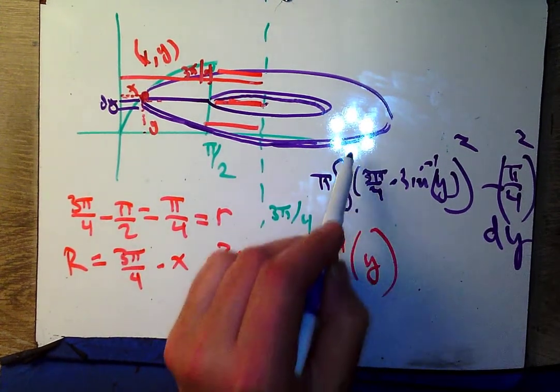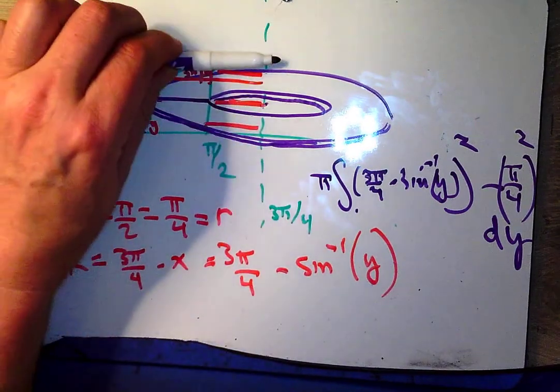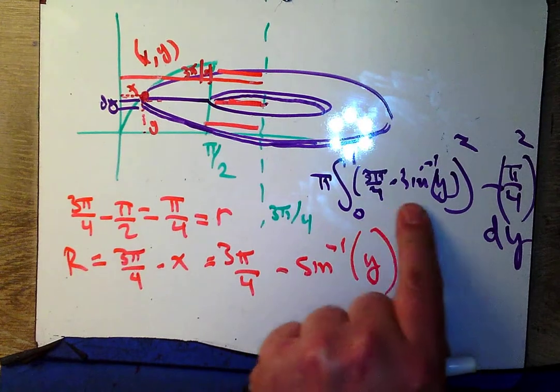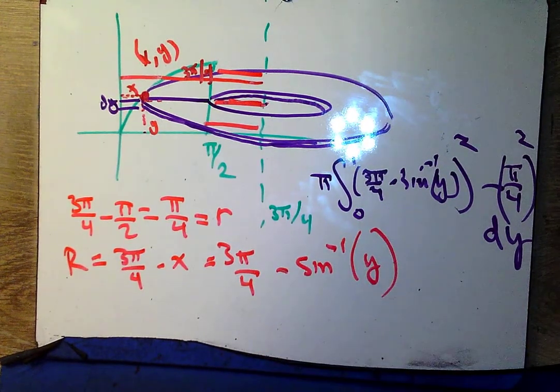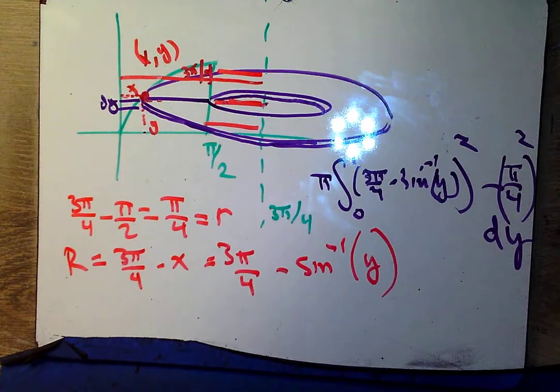And from where to where? Well, we're integrating from this y value to this y value, so that's 0 to 1. That looks like one of the most horrible things I've ever seen, I would never want to do that by hand. Thank you, trusty calculator, for being my friend in such horrible situations.